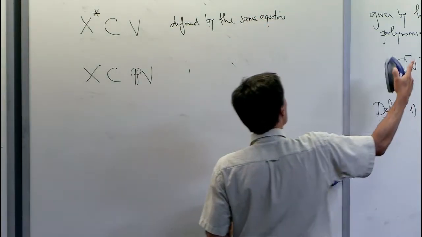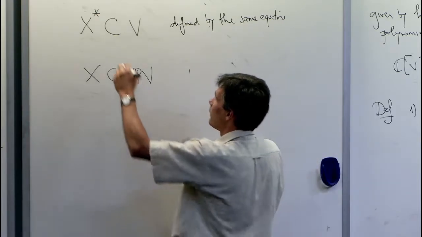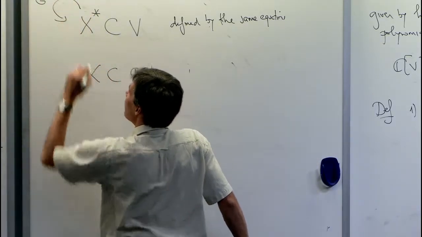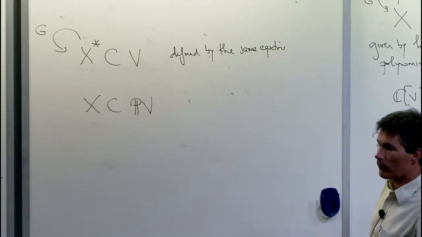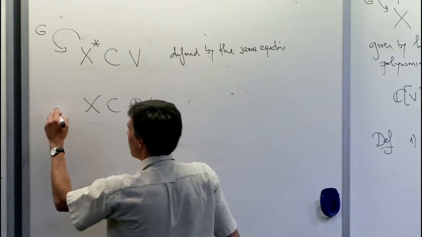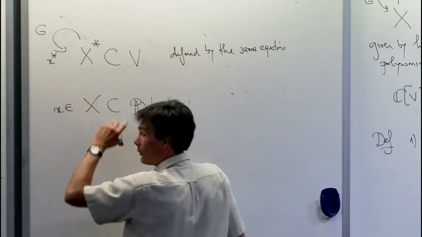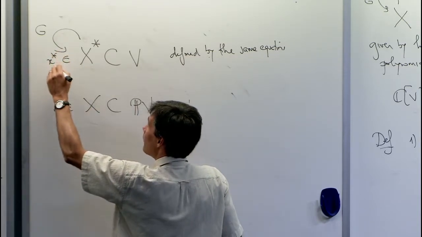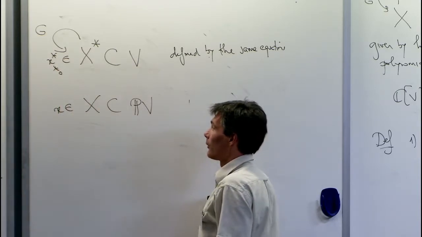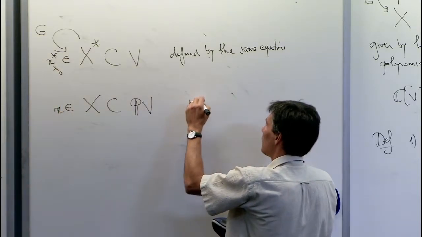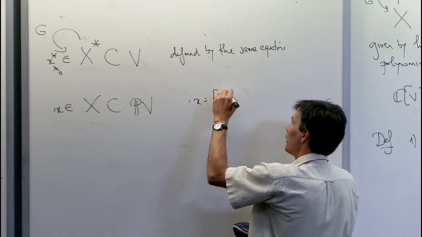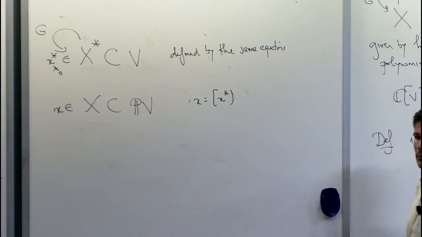Okay, and since I started with an action of G on V, this is also endowed with a G action. And each time I have a point here, I can choose a non-zero point, which I denote by x star, such that x is the point in projective space corresponding to x star.